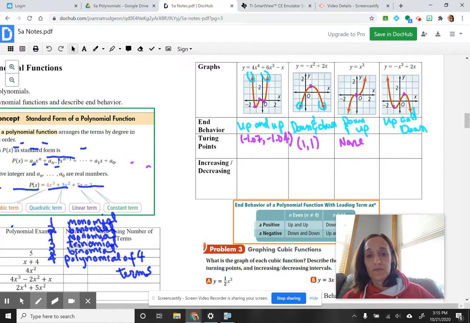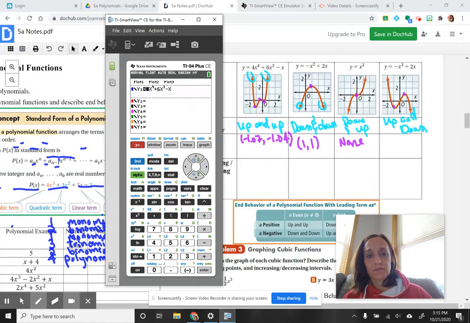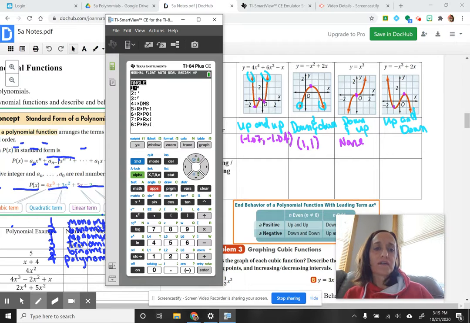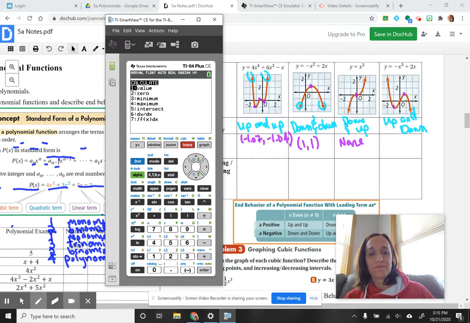And then we can do the next one. So the next one's going to be, again, second calc. The next one is a maximum. Second calc, we're going to find a maximum, and again, we want this maximum here, left bound.